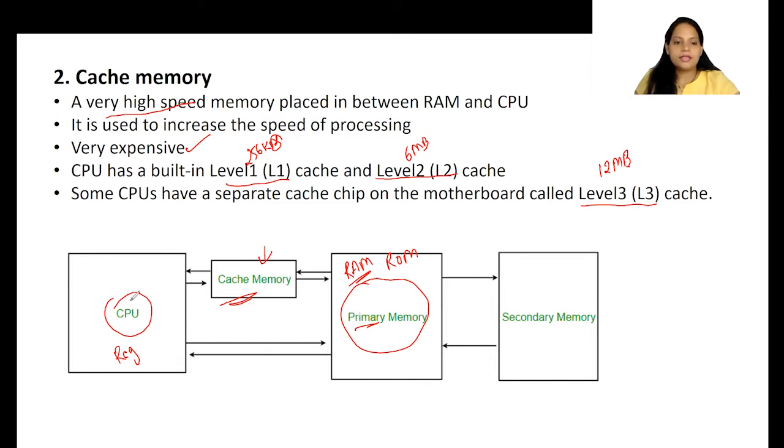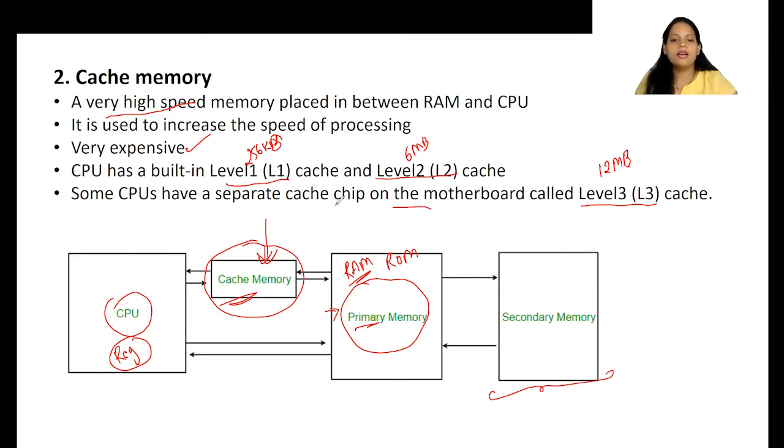As you can see, the CPU initially accesses the registers. If not, before accessing the primary memory, we can have a cache memory in between them. This is also very fast and also increases the processing speed. Then if the data is not available here, it will go to the primary memory, and secondary memory always comes last.